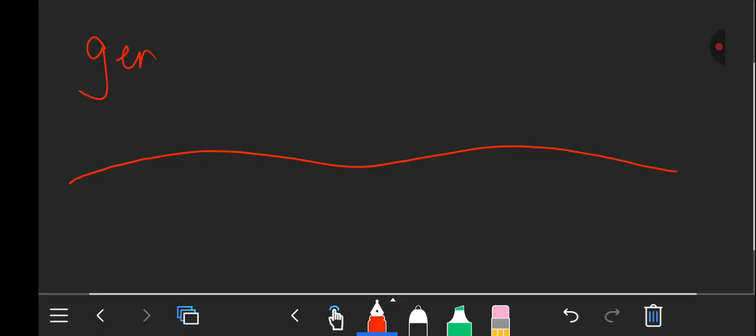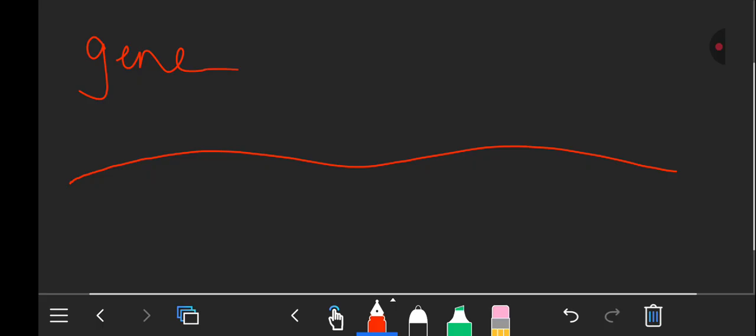Now let's try to understand the classes of these genes. So let's have a gene. A gene is just a portion of DNA that is able to control a specific characteristic.